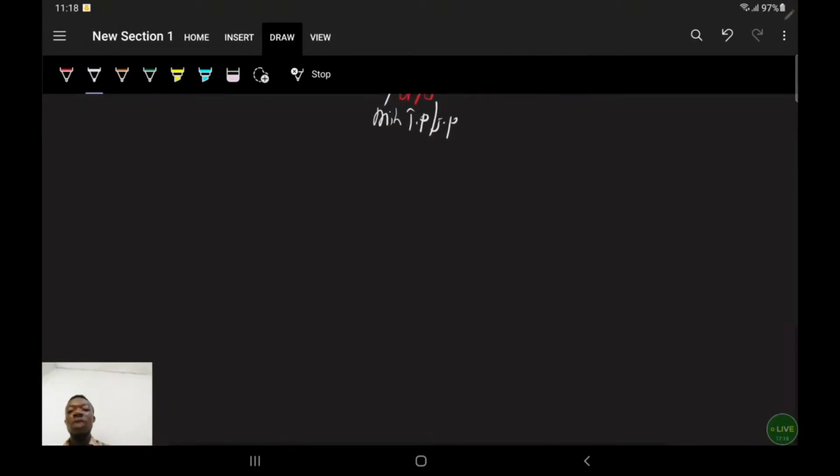We are asked to find the stationary point and to determine the nature of this curve: y is equal to x cubed minus 6x squared minus 15x minus 2. So how do you go about the determination of the nature and the stationary points for this curve?